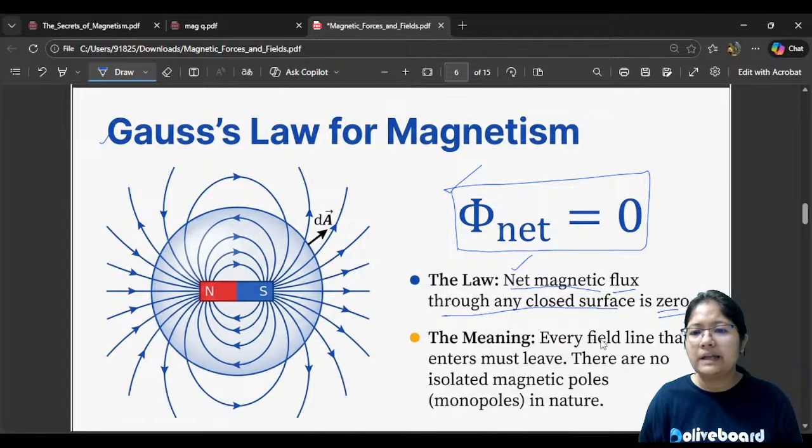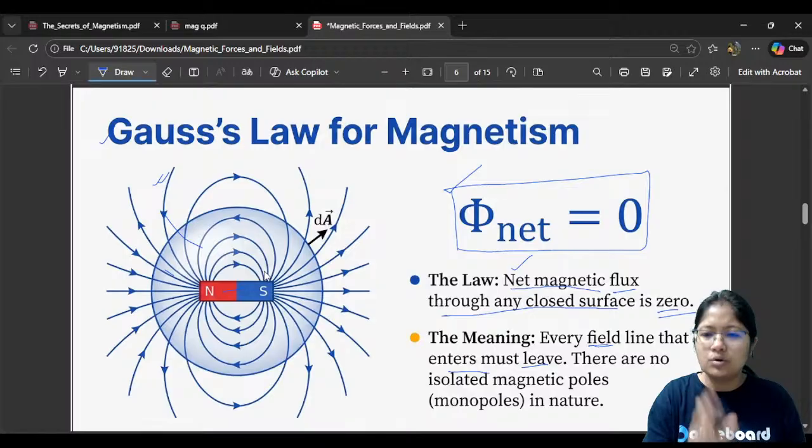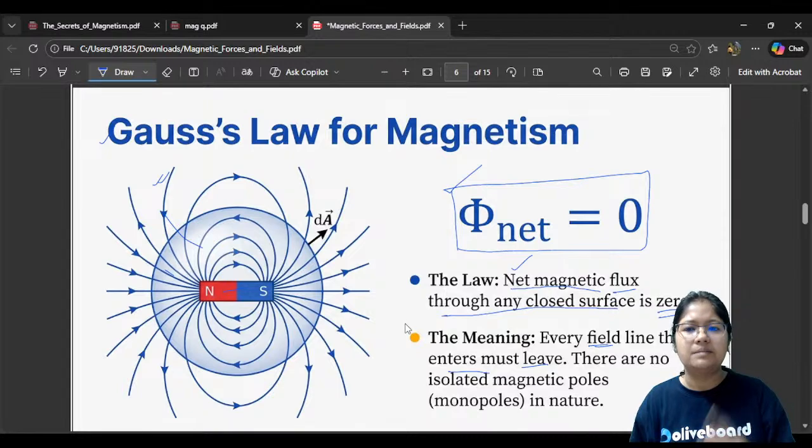Every field line that enters must leave. If we draw the field line going towards the north pole like this, towards the south pole like this, and inside the magnet in this way, then for a closed surface, if a magnetic field line has entered, it must leave.